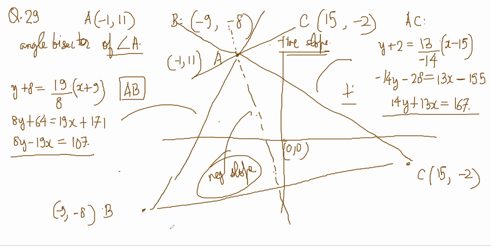Next one, 35. The line (p plus 2q)x plus (p minus 3q)y is equal to p minus q for different values of p and q.